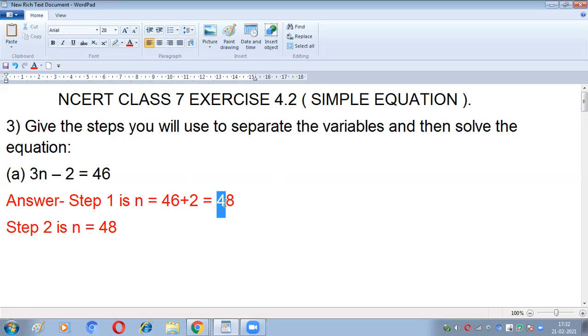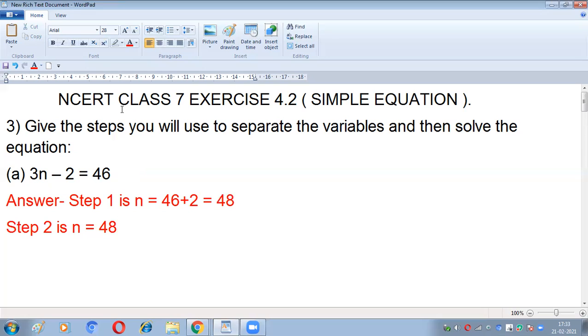Our last result was 48 in step 1, and here is 3n, and we are saying that 3 multiplied by n is equal to 3n, so that means 3 is in multiplication form. So if this 3n will move to the right hand side, this will be in division form. Here it is in multiplication form, and afterwards it will be in division form.